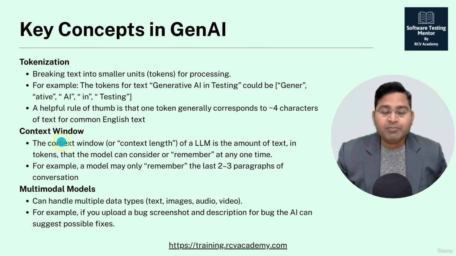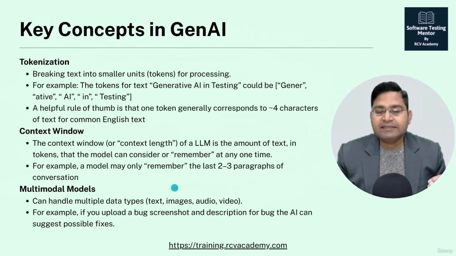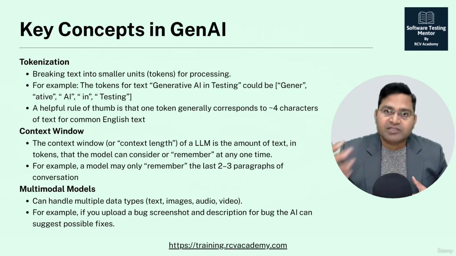Now the next important concept is the context window. The context window is the context length of the LLM, which is the amount of text, in tokens, that the model can consider or remember at one time. Say, for example, I have started asking questions on a biology topic. How much previous information can the LLM remember?